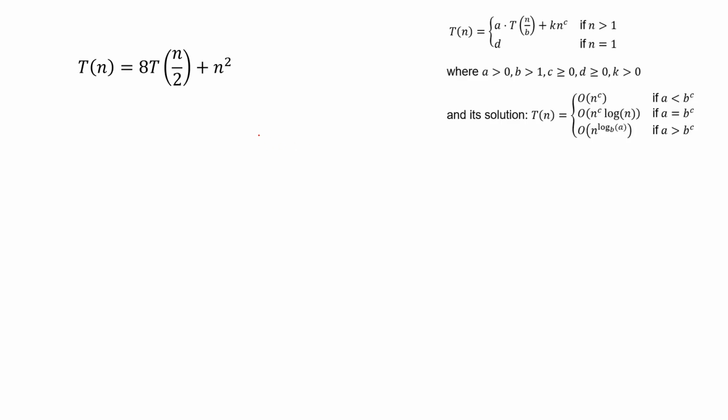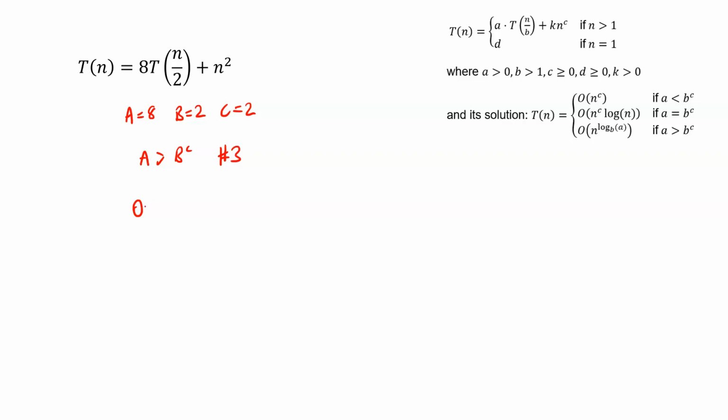Next one. Try this yourself. A equals 8. B equals 2. C equals 2. We have A is greater than B to the power of C. Hence we are on case number 3. So this one is still, do I mean still?